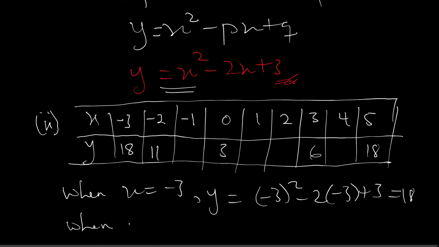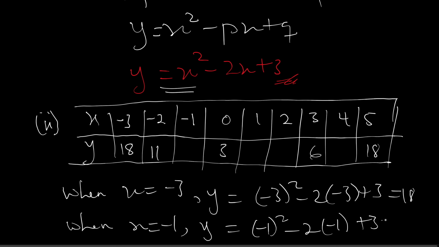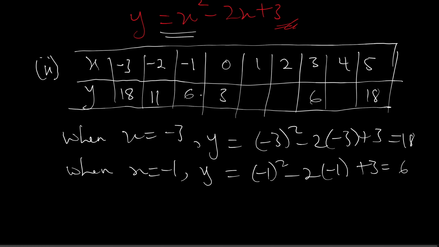And when x is equal to negative 1, our y should be equal to negative 1 squared minus 2 times negative 1 plus 3. And this should give us 6. So this will be 6. So we do the same for all the values of x. And we should have 2, 3, and 11. So this will be our complete table.